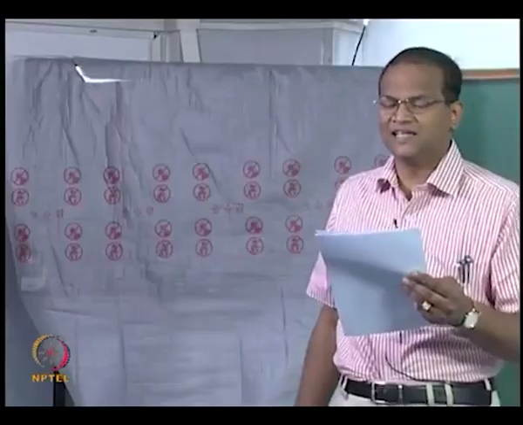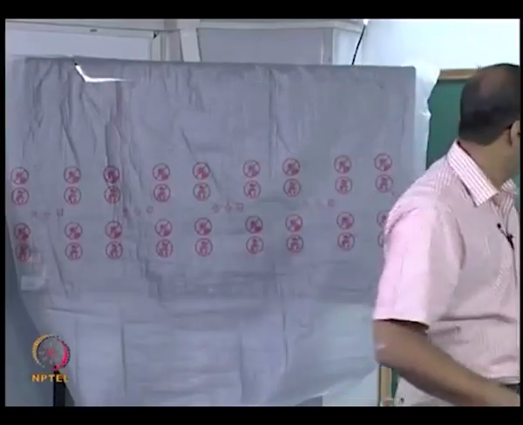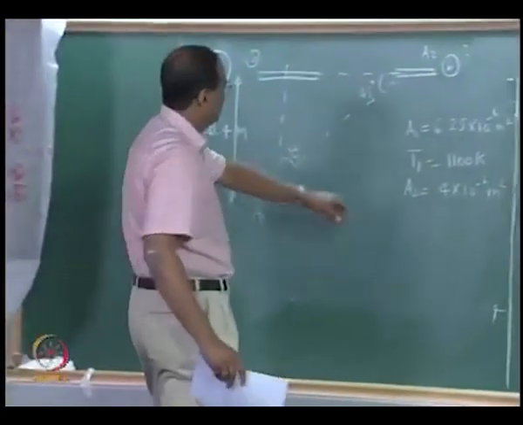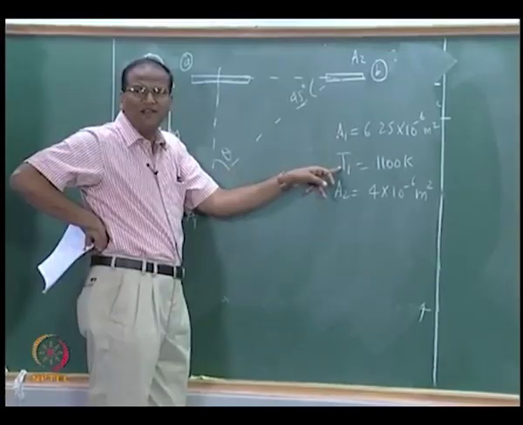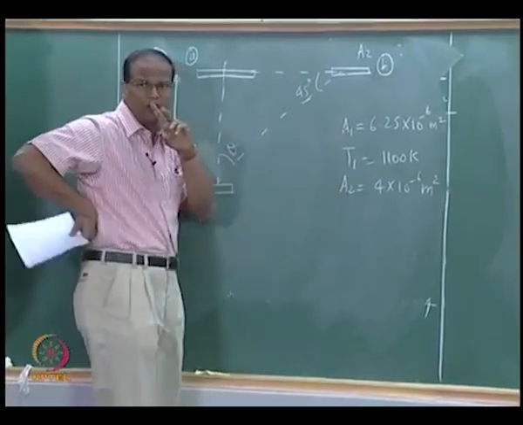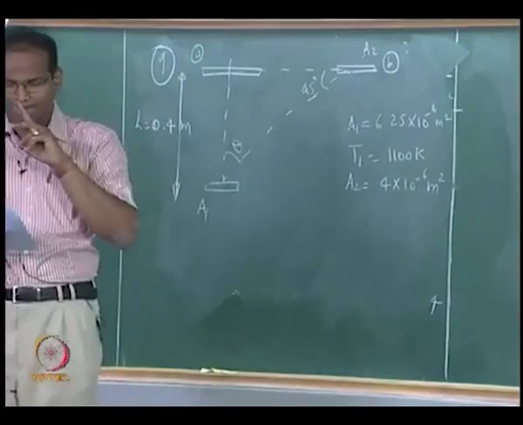The area of the detector A2 is 4 × 10^-6 m². All these data are given: A1 is 6.25 × 10^-6 m², T1 is 1100 Kelvin, and A2 is 4 × 10^-6 m².